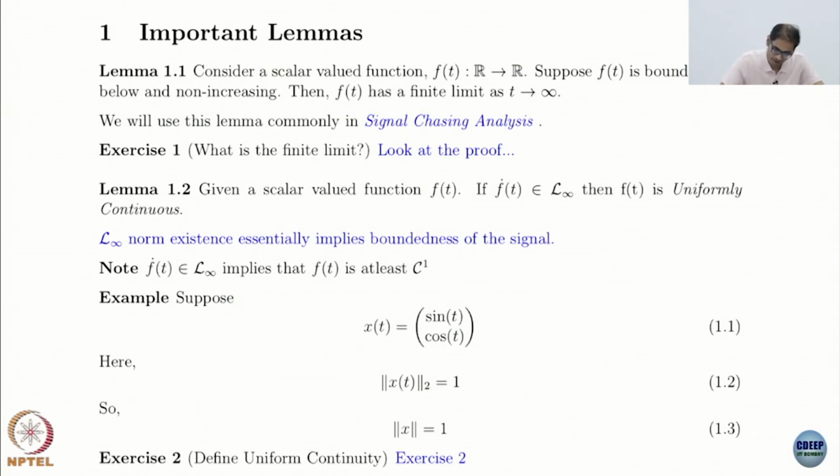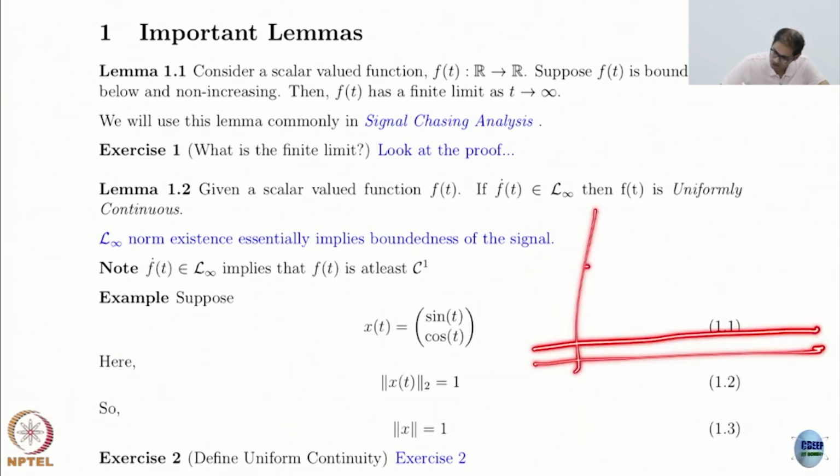The first one is lemma 1.1, which says that if you have a function f which is bounded below and not increasing, meaning there is a bound below and it's not increasing, it could be constant, then going down, constant, going down, but it can never go up.